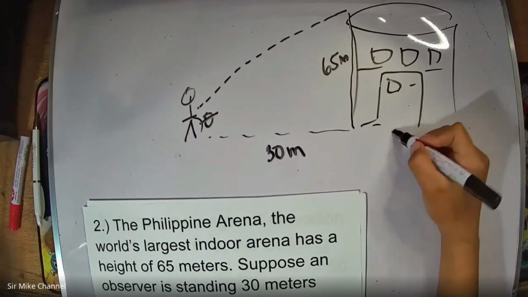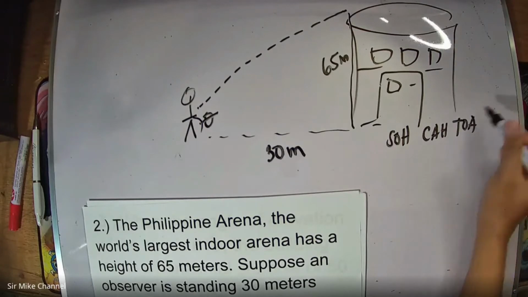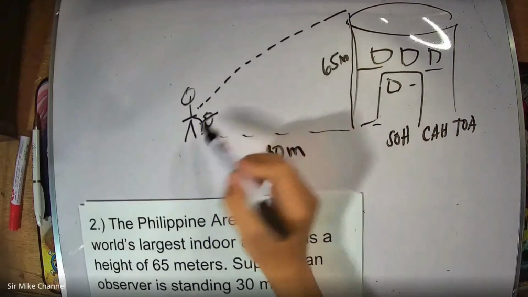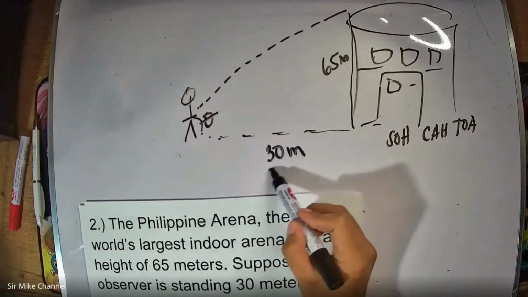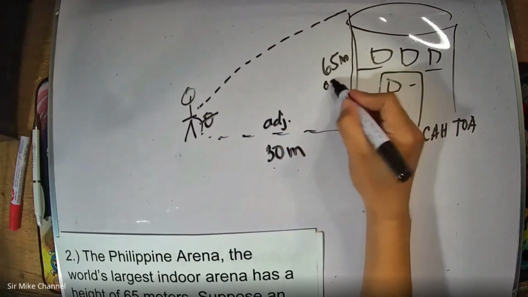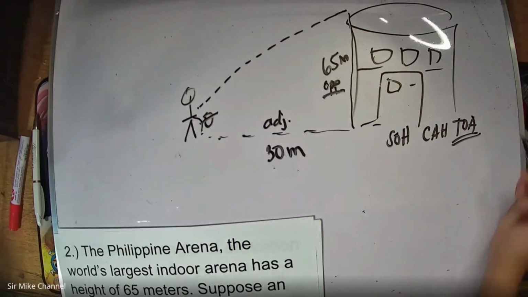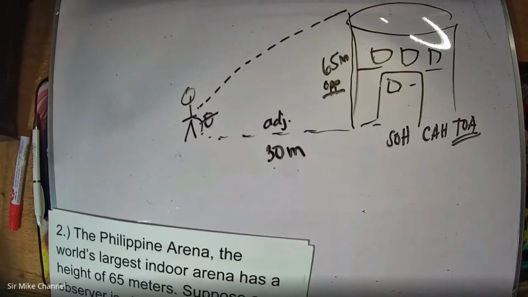Remember SOHCAHTOA. Since this is our reference, this will be the adjacent, and this is the opposite. So adjacent and opposite, so we will use tangent theta.